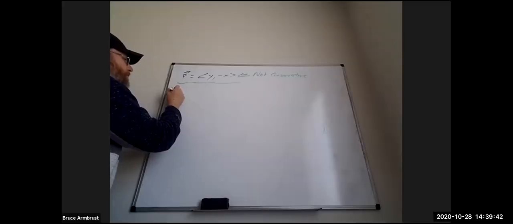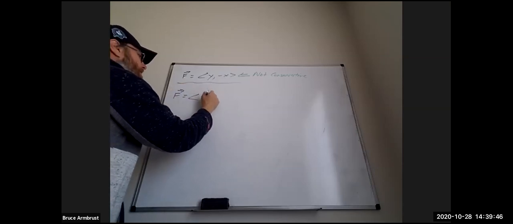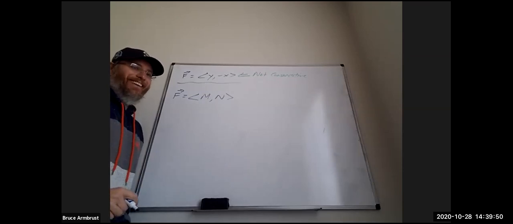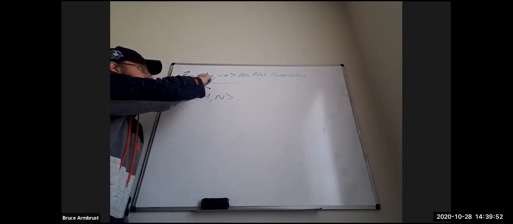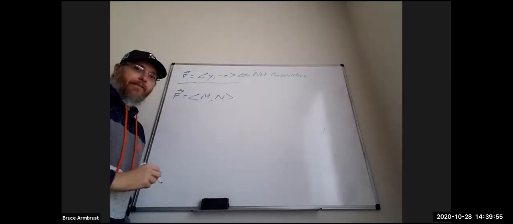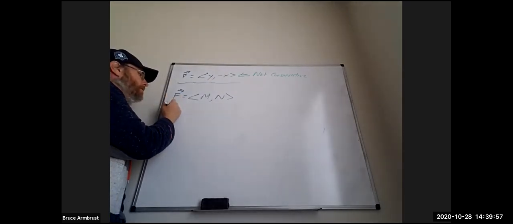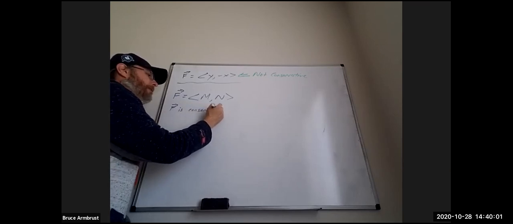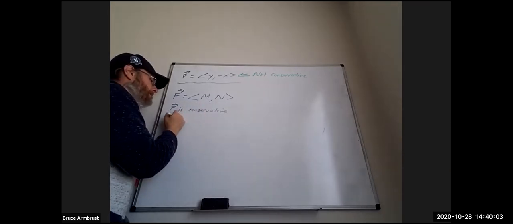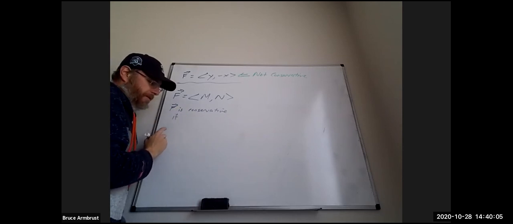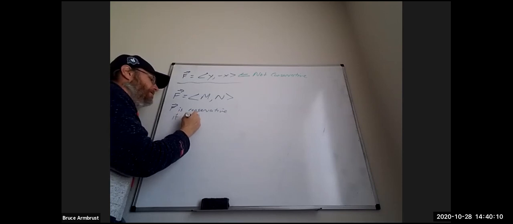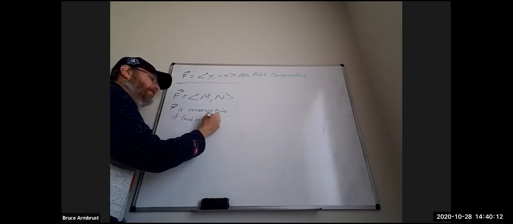All right, so for the 2D world, let's just call these functions M and N. Like in this case, M is y, N is negative x. So F is conservative if, and this is even bigger than just if, it's if and only if.